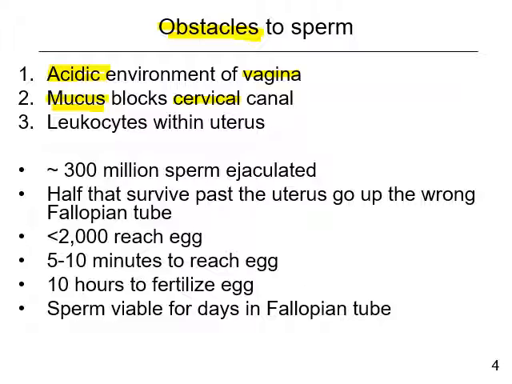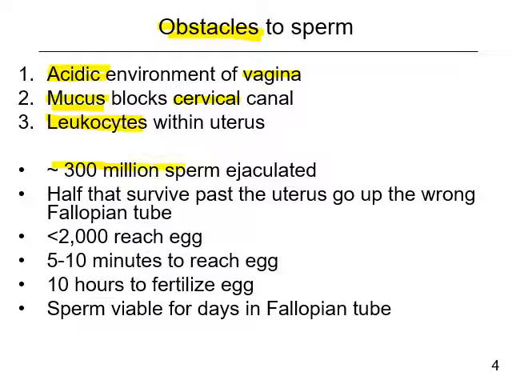So just as ovulation is starting, the mucus plug in the cervix is changing and becoming more permissive for sperm to transit. There are also white blood cells, leukocytes, in the uterus that attack and destroy sperm, and they will actually proliferate once the blastocyst is implanted in the uterine endometrium. But they are present even before pregnancy.